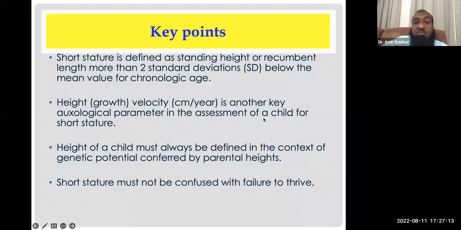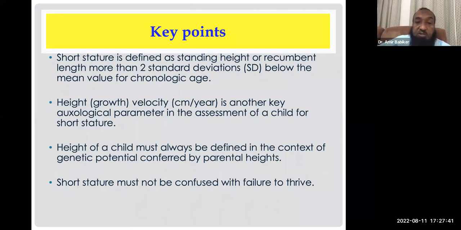Anyway. So short stature is defined as less than 2 standard deviations, and the velocity as well. So it's not only one visit that will tell you that this patient's growth is going right or wrong. You need to see the patient a second time. A second visit is very important in growth assessment, because you will see how much the child has grown in the last, for example, 3 months, 5, 6 months, 1 year.